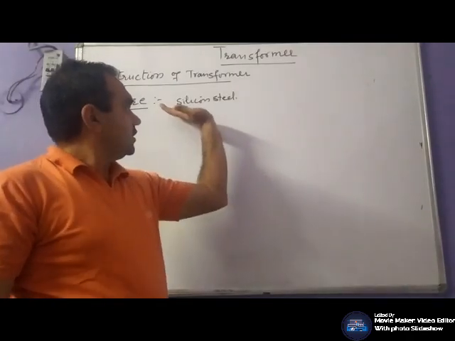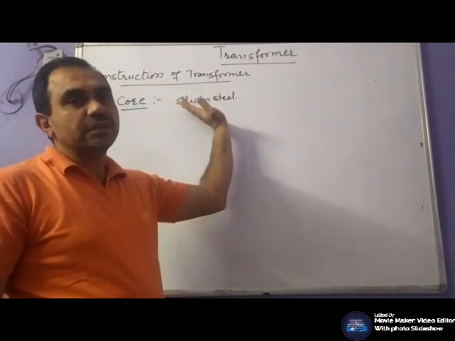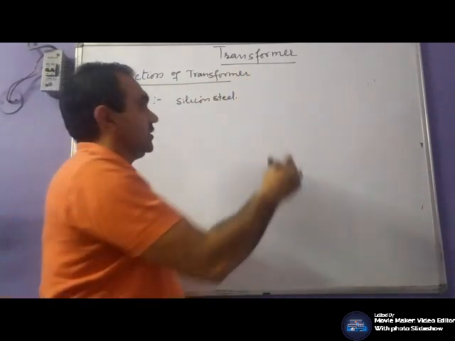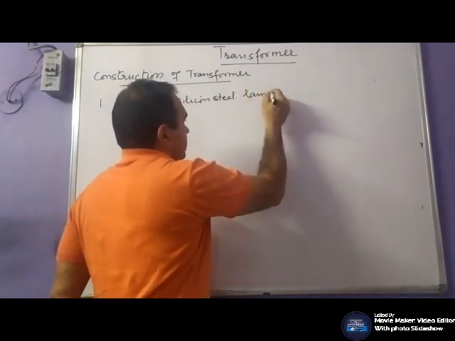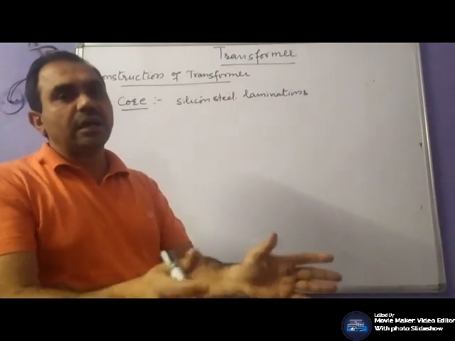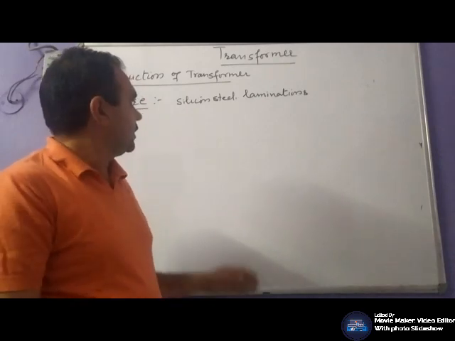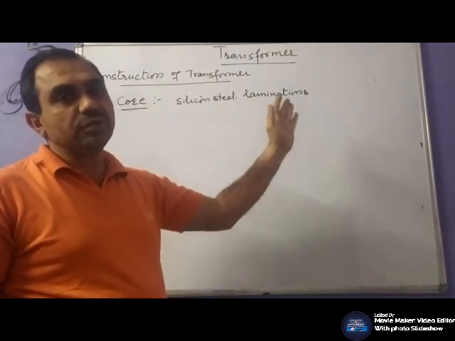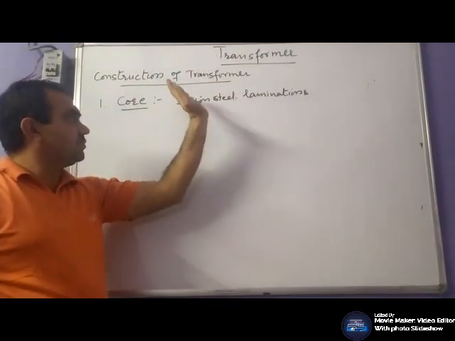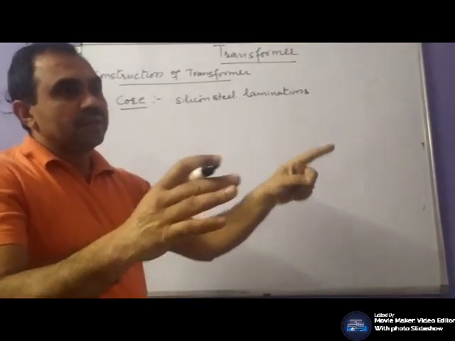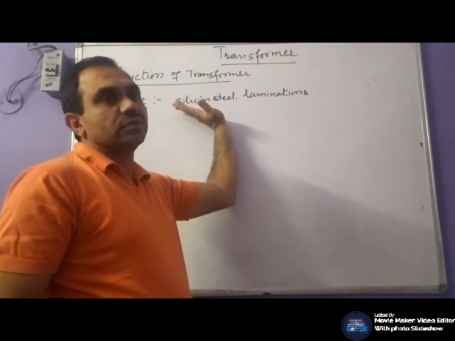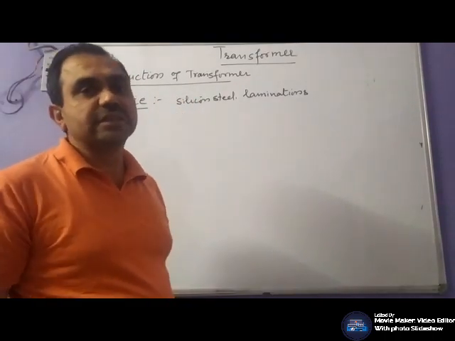And in addition to this silicon steel, we will use silicon steel laminations. The thickness of these laminations is up to 0.5 mm. Laminations are being used to reduce the eddy current loss, and magnetic material having a lower hysteresis loop area is used for minimum hysteresis loss.